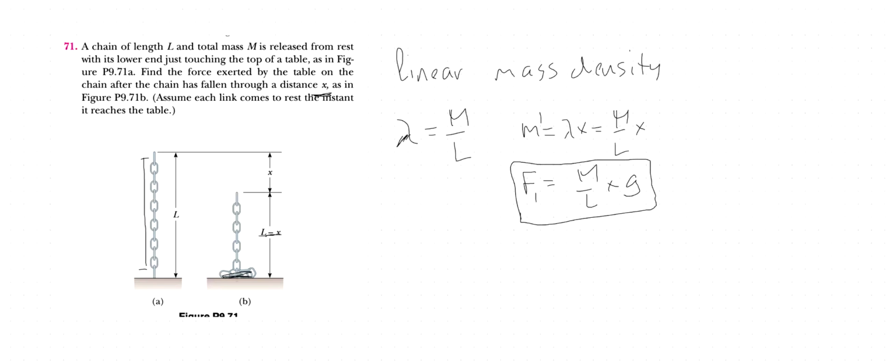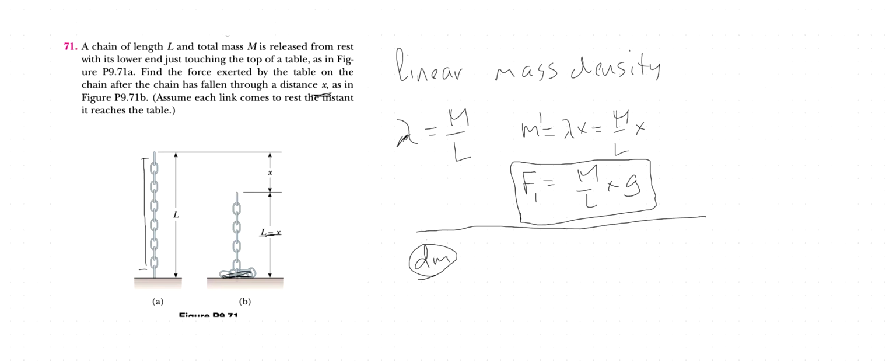We need an F2 because as the chain falls, the table has to stop the chain. To solve that, we're going to assume that the chain consists of infinitesimal little masses.